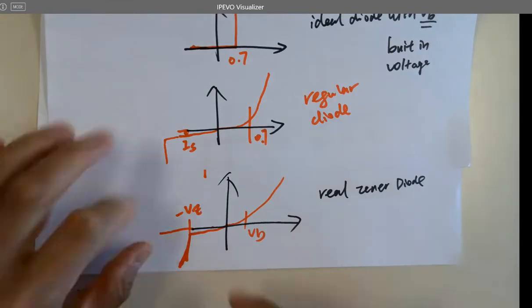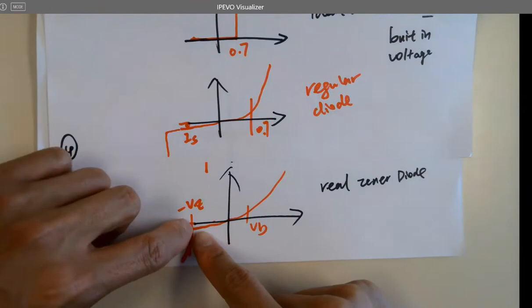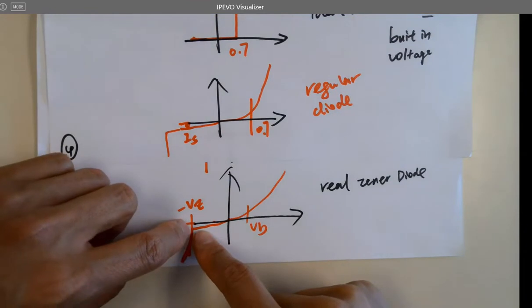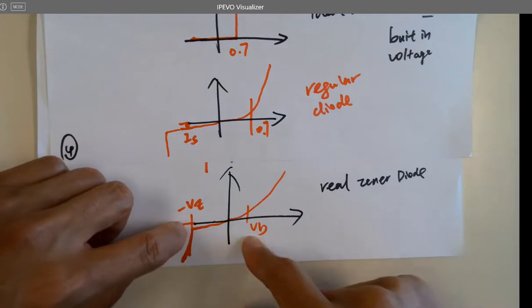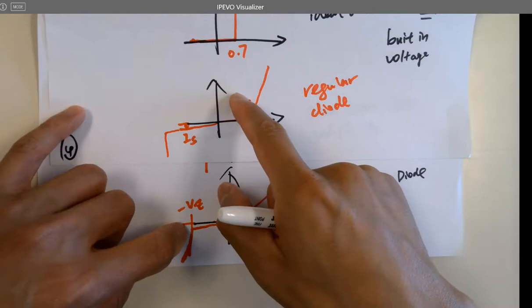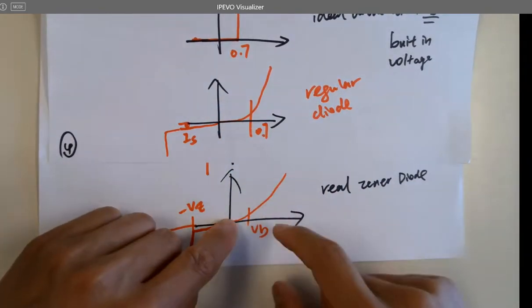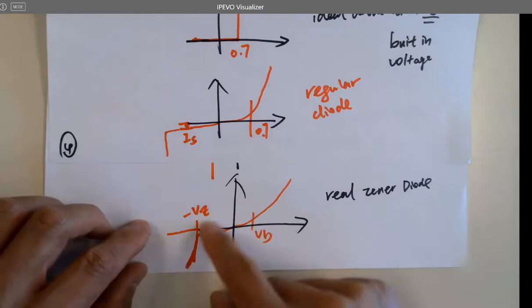And you only operate the Zener diode that way, right? That's the purpose of the Zener diode, to stabilize voltage. It's not being used as a regular diode. It's way more expensive than that one. You can buy a regular diode if you just want to use this part of it, right? You don't have to use the Zener. If you use the Zener, you are using this part of it.